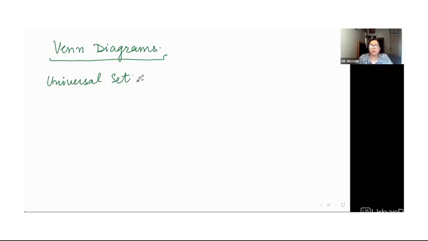Like if you have performed a survey of a city with 2,000 people, right? You are asking what newspaper they read. You have given three options, A, B, and C. Or let's say we start with two only, A and B, right?